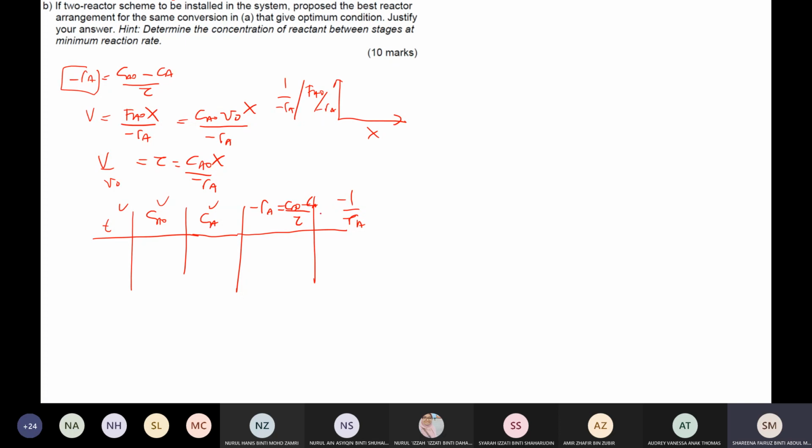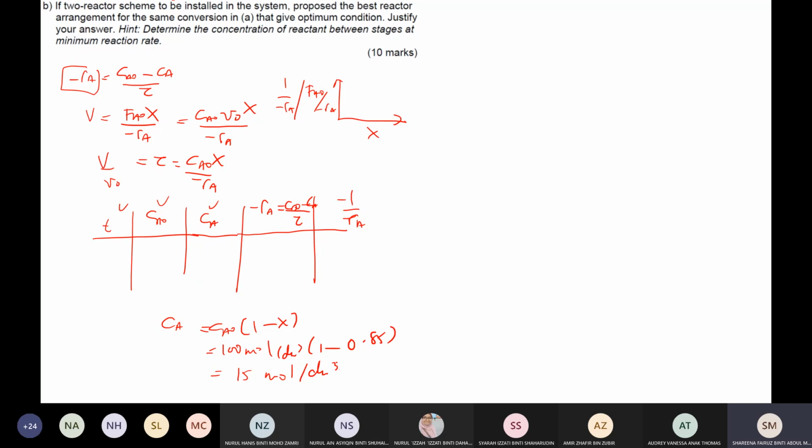So untuk 0.85, CA untuk 0.85 adalah CA0 (1 minus X). CA0 dia dah bagi 100 mole over decimeter cube, 1 minus X dia 0.85. So kita nak tengok dulu 85% berapa CA dia, mole per decimeter cube.